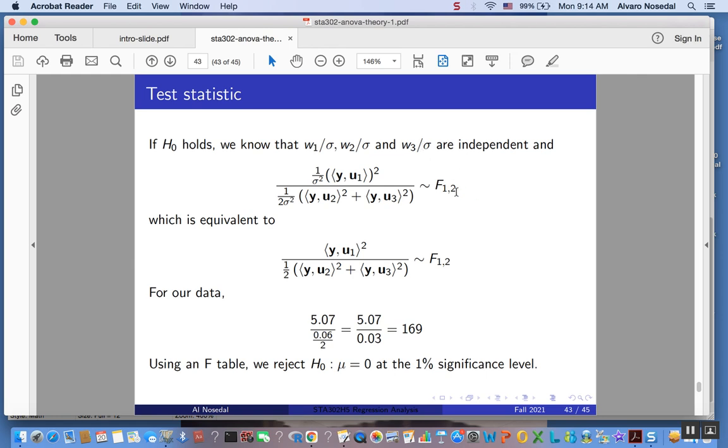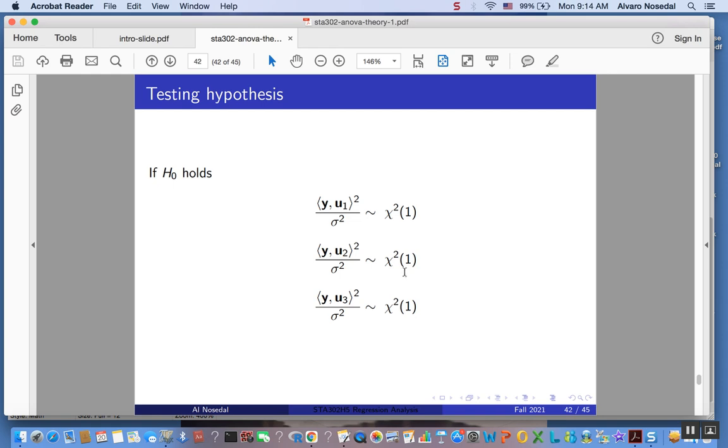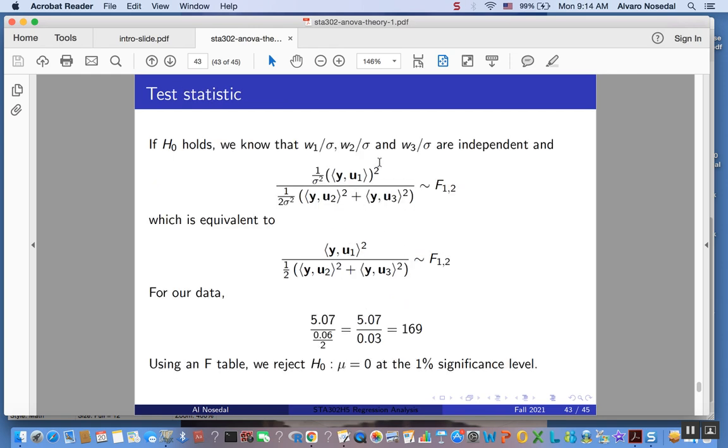Now, from what we did here, this guy in the numerator is a chi-square with 1 degree of freedom. This guy is going to be a chi-square with 1 degree of freedom plus another chi-square with 1 degree of freedom. That's a chi-square with 2 degrees of freedom.